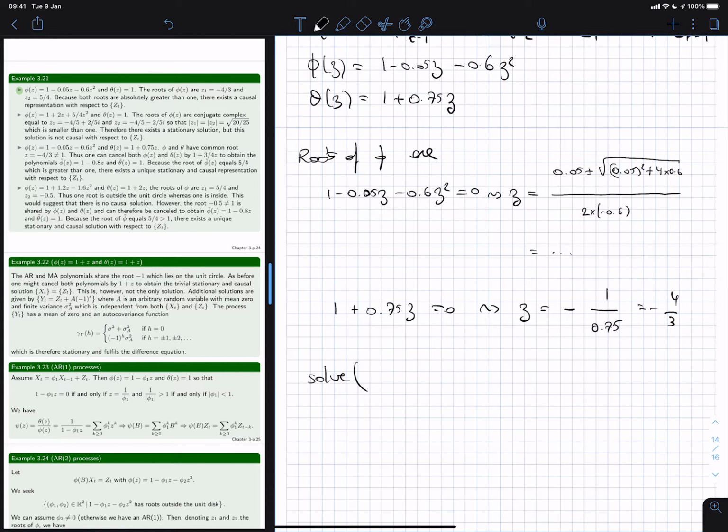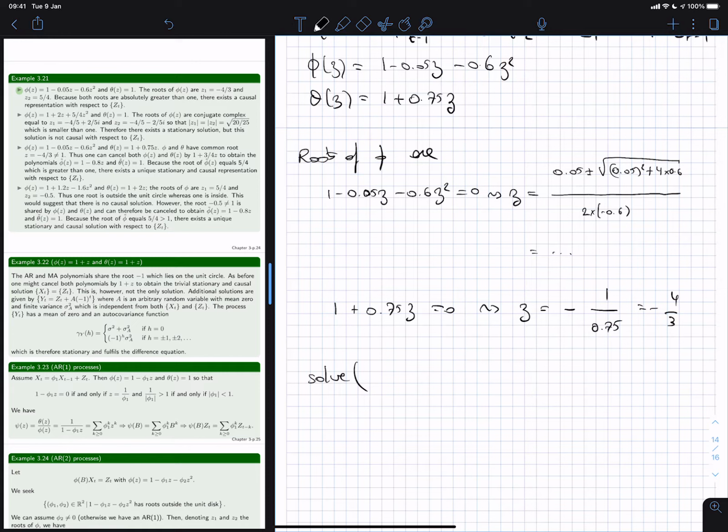So here's my R language. And what's my polynomial? Okay, so I'll do polyroot. I'll do the first one first. So it's 1, 0.75. Is that correct? So this I know the answer. Yeah, that looks okay.